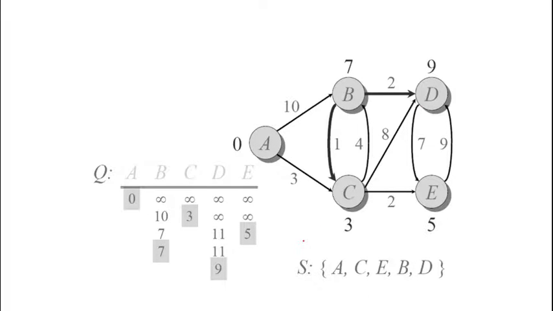And finally, for D it is 9 here. In order to go to D, it is A to C, C to B, B to D.